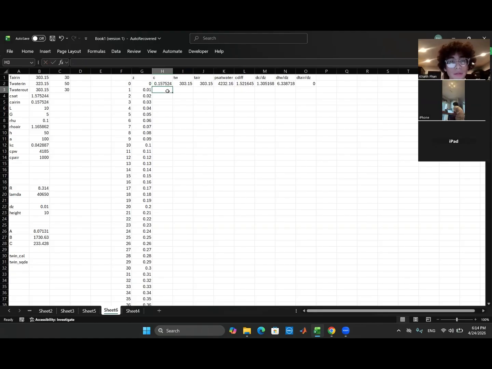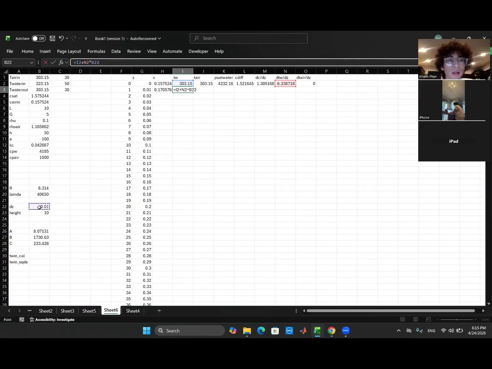And then down here, we're gonna do H2 plus dc dz times dz, and then lock it. Okay. And then for T water, T air, it's going to be a similar thing. So T water, initial T water plus the change in T water with respect to position times change in position.